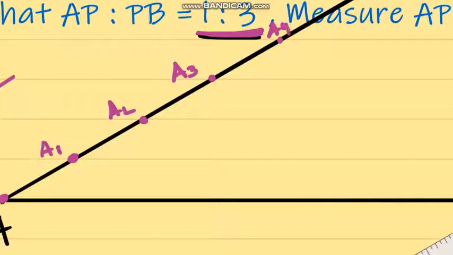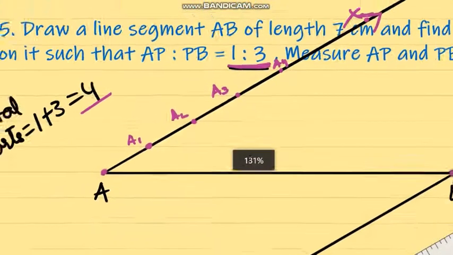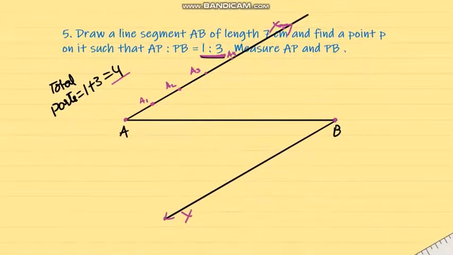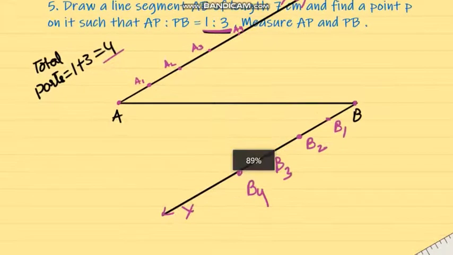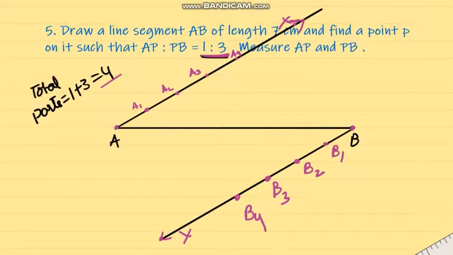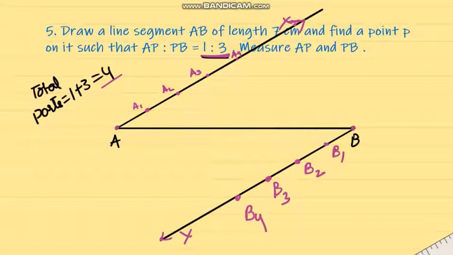So this way you have to make 4 parts. This one, this is B1, now B2, B3 and B4.